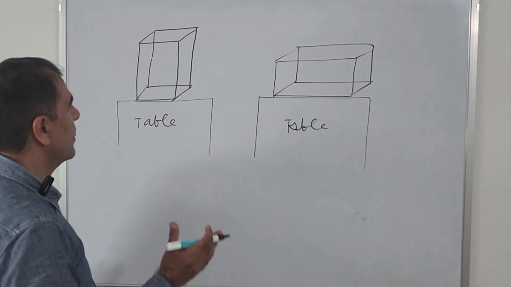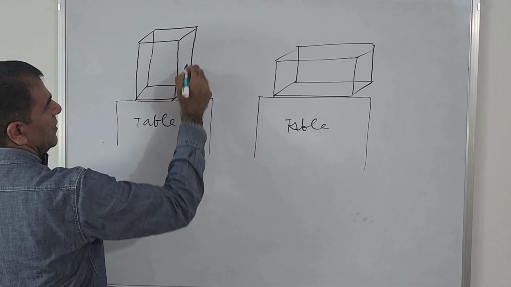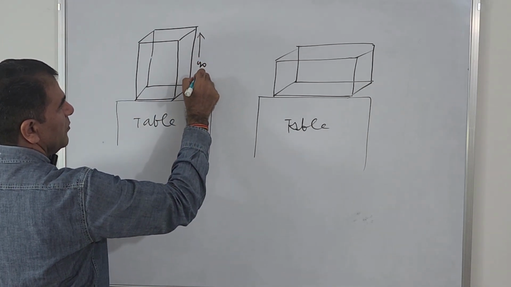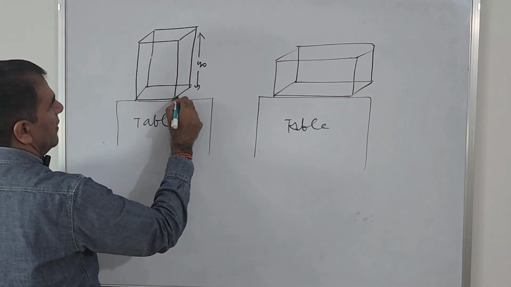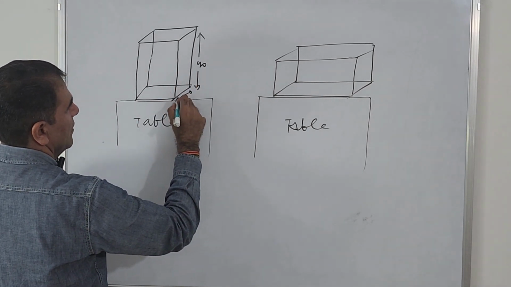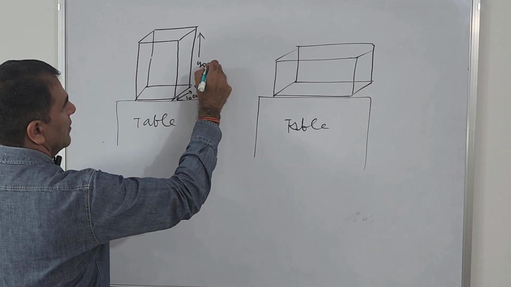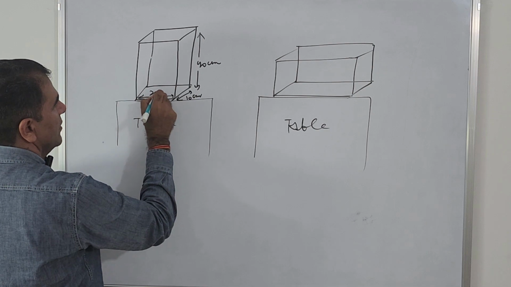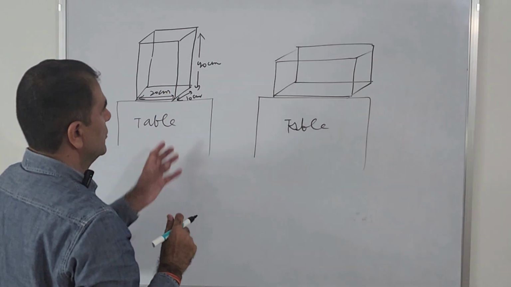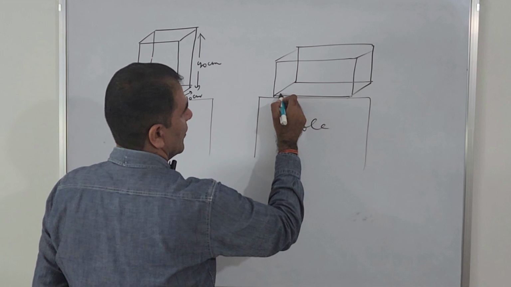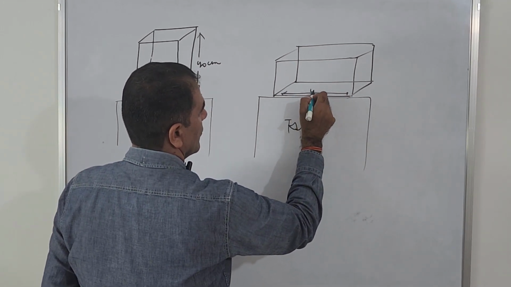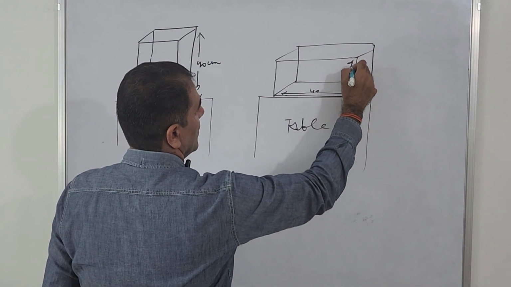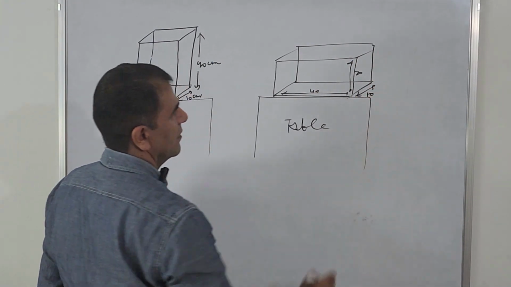Very simple. Let the dimensions of the box be like this: one is 40 centimeter, say length, and this one is 10 centimeter, and this one is say 20 centimeter. So in this case, this will be 40, and this will be 20, and this will be 10.